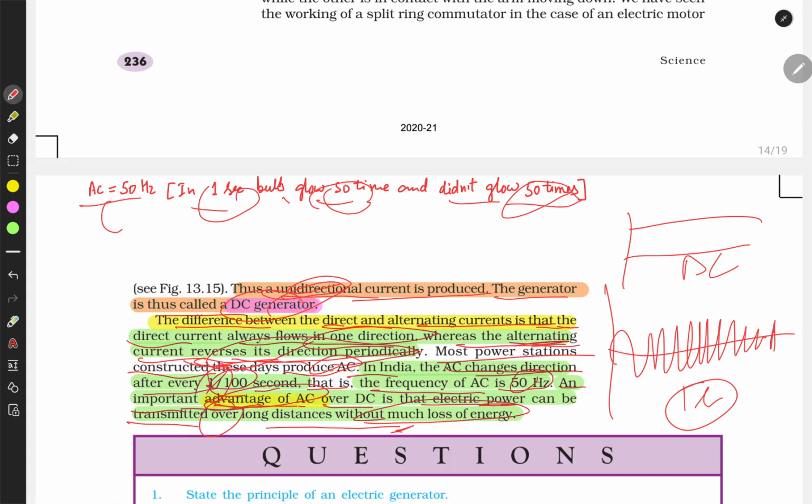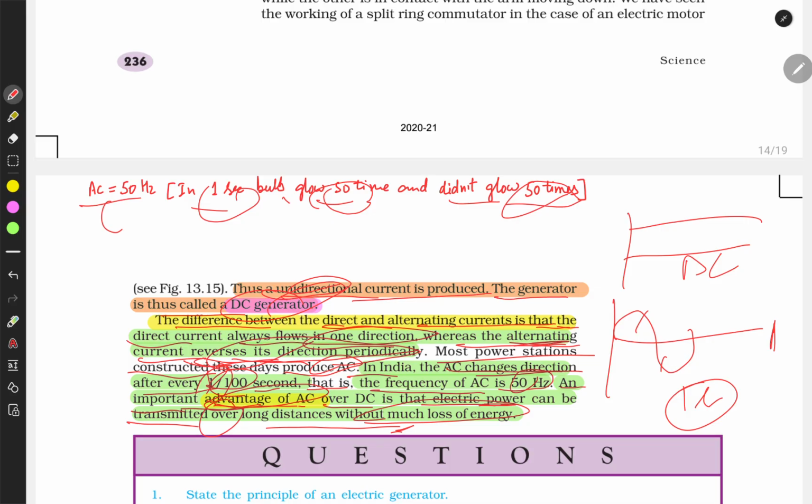And we know that one complete cycle makes 1 hertz, 1 frequency. This is one complete cycle, and this is again one more. It is changing direction two times, one up, one down.